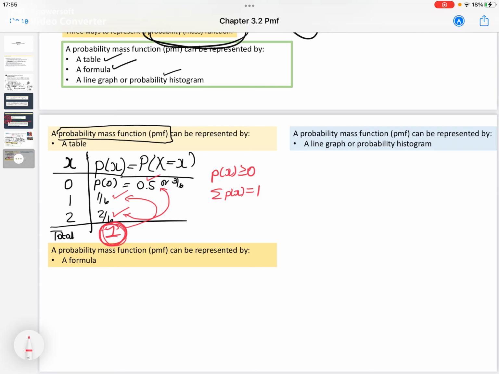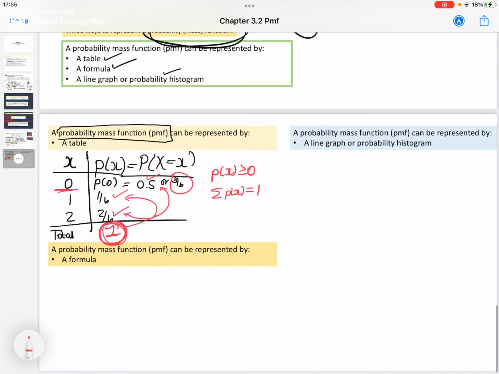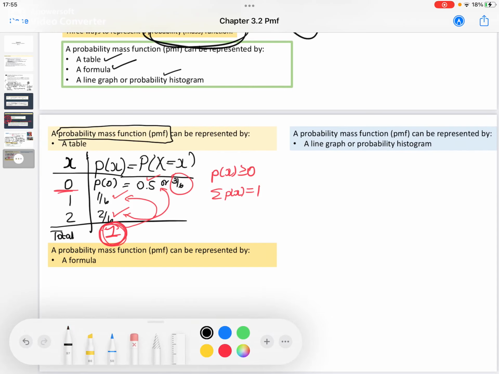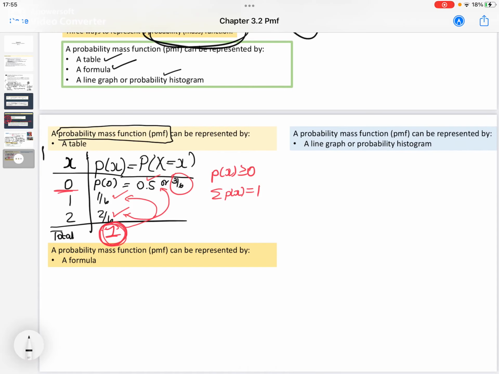It's highly likely that you'd have zero defectives, and then it is possible to have one defective or two defectives. All right, so now how can we represent this PMF using a formula?